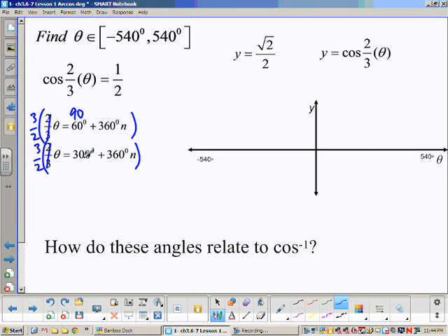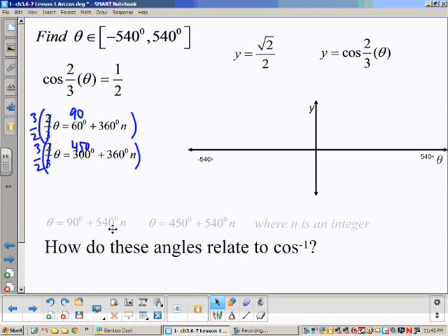Half of 300 is 150, times 3 is 450, and then 3/2 times 360 is 540. What we'd end up with is theta is 90 plus 540n, and theta equals 450 plus 540n. And this n is thrown in to show that we can go forward or backward from our solution one complete period.